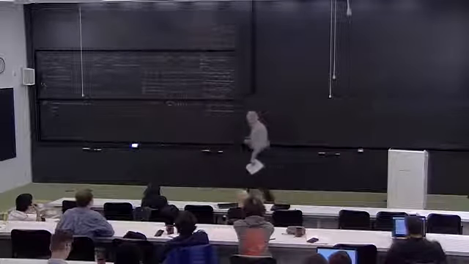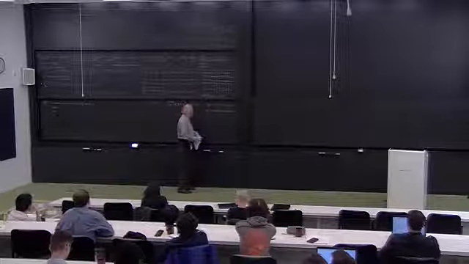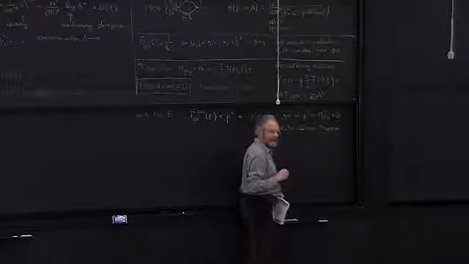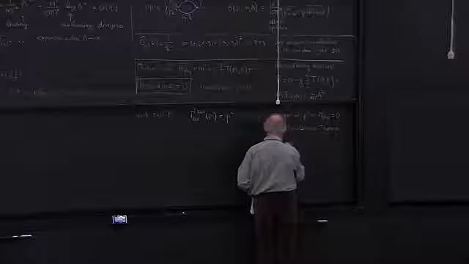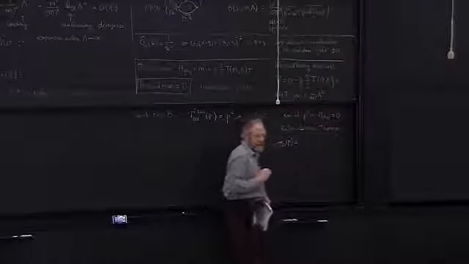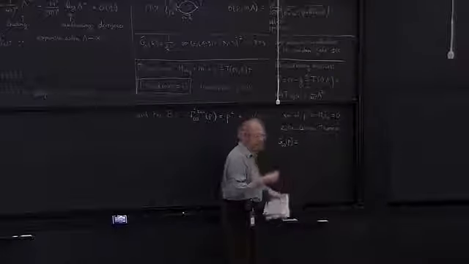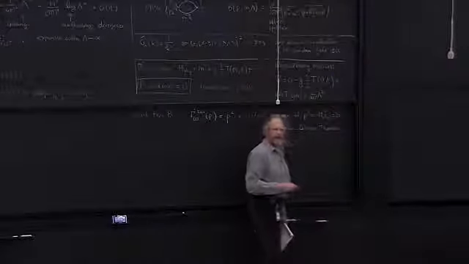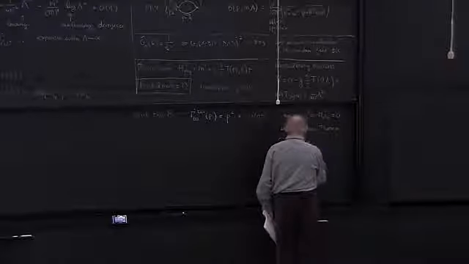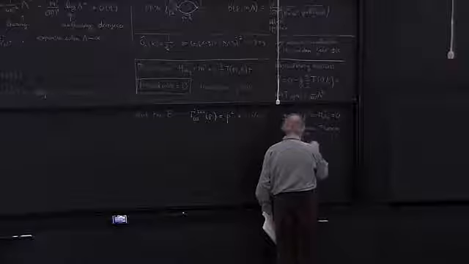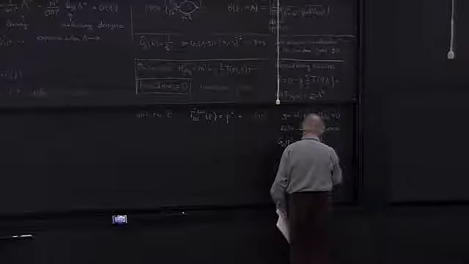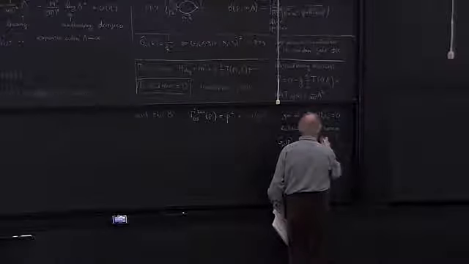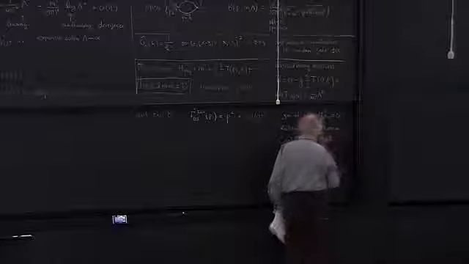It states that if you consider the inverse of the two-point function, which is the propagator of the theory, the full propagator G2 of p, in any reasonable unitary quantum field theory, it can be written, if I am not mistaken, as an integral from 0 to infinity of d mu, 1 over p squared plus mu, times the density of states rho of mu.